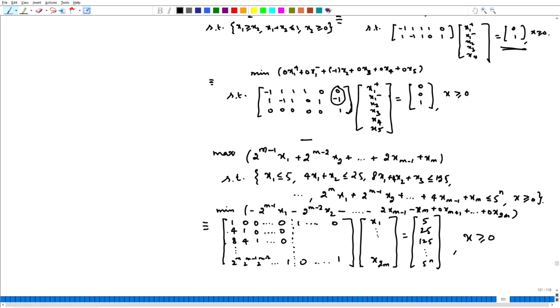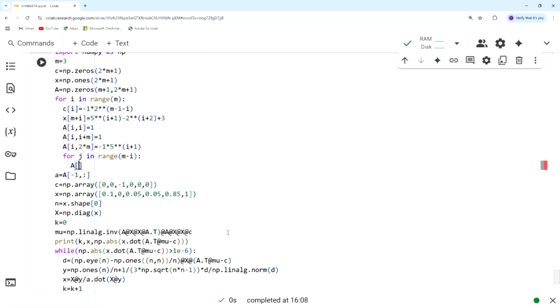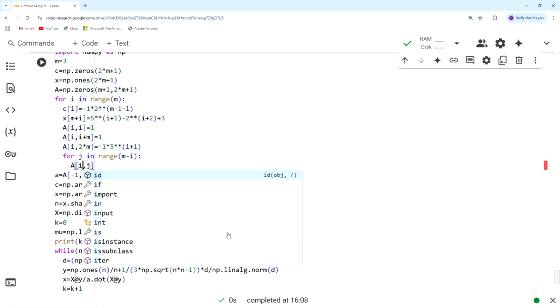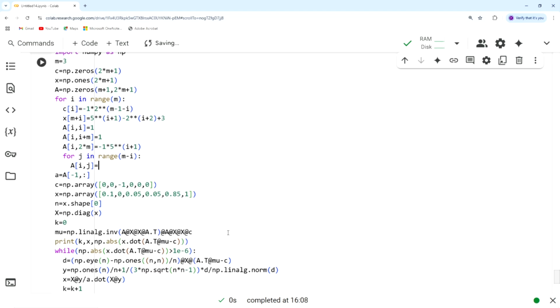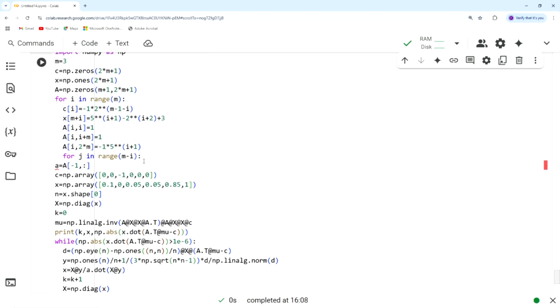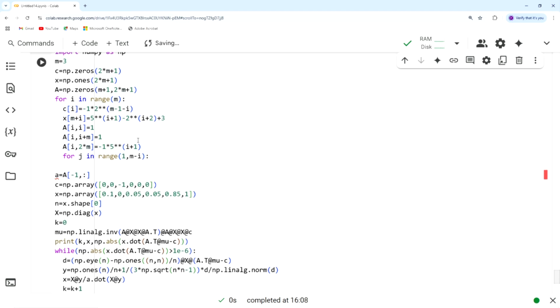So, the column number has to be j, and what we have to fill is 2 power j plus 1. So, we will start from 1 and then go up to m minus I. So this will be A of I plus j comma I, and this is 2 power j plus 1.